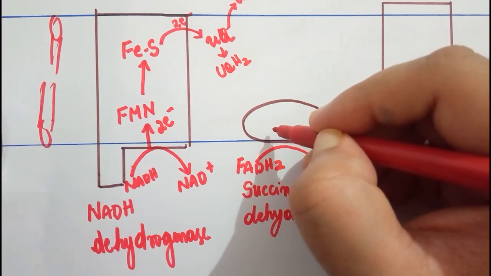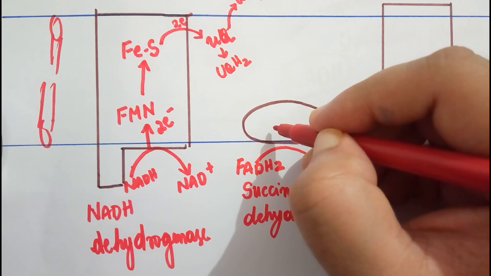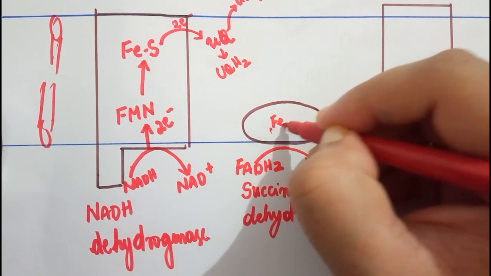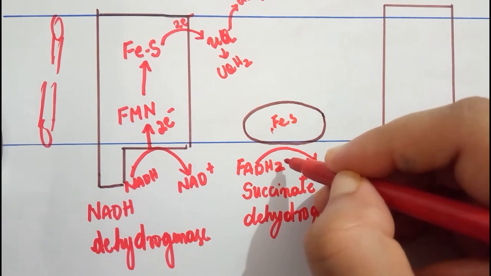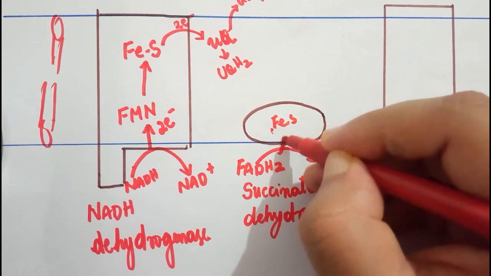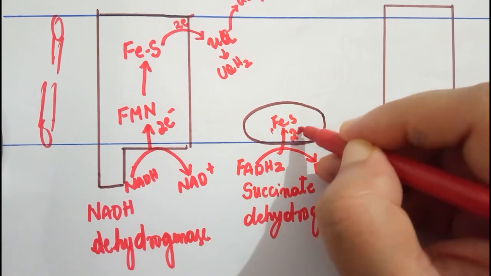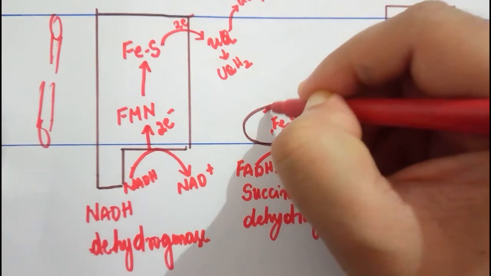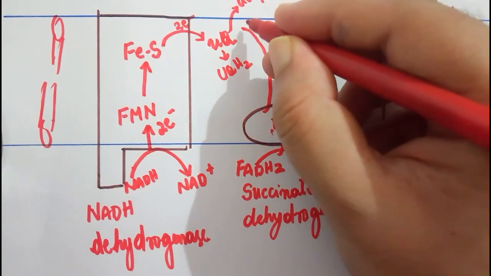In this complex 2 as well, we have an iron sulfur center. The 2 electrons coming from FADH2 are first given to this iron sulfur center. From this iron sulfur center, the electrons are given to the oxidized ubiquinone.